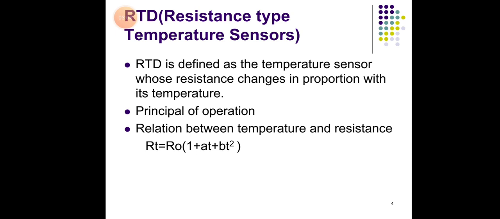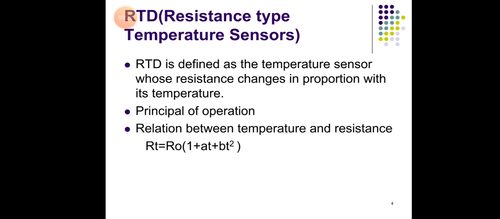That's why it is called positive temperature coefficient. However, some semiconductor materials have a negative temperature coefficient of resistivity, which is opposite to PTC. In the negative temperature coefficient, their resistance decreases with increase in temperature.